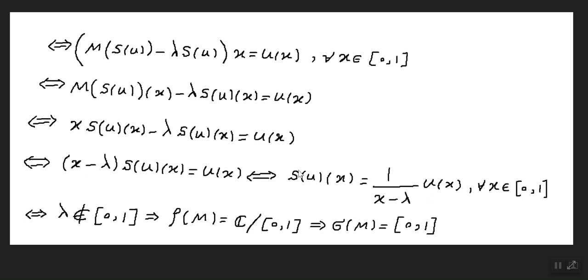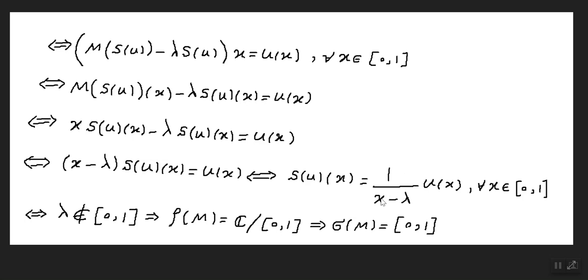Look at here, what is S? S is actually the inverse of M minus lambda I. It maps every function to a function, and that function maps x to 1 over (x minus lambda) times u(x). This is the equation of S.